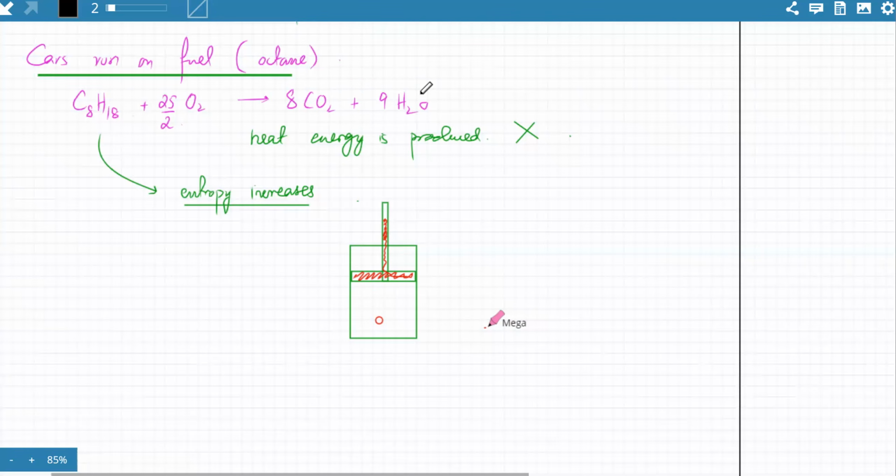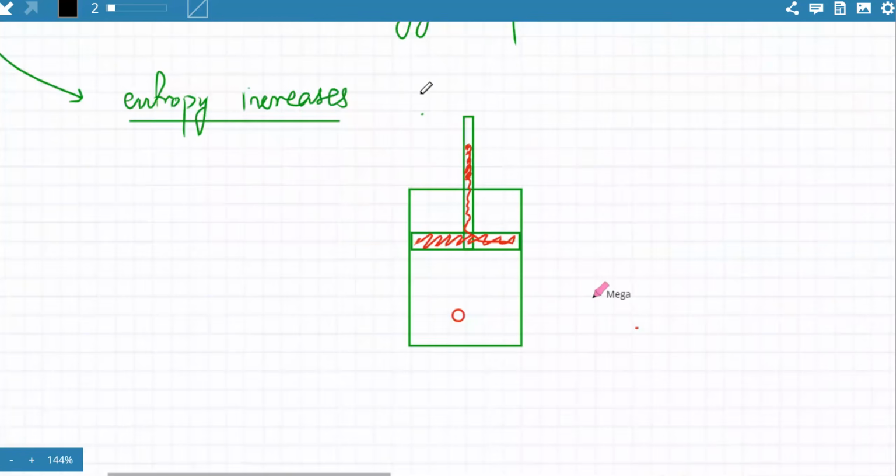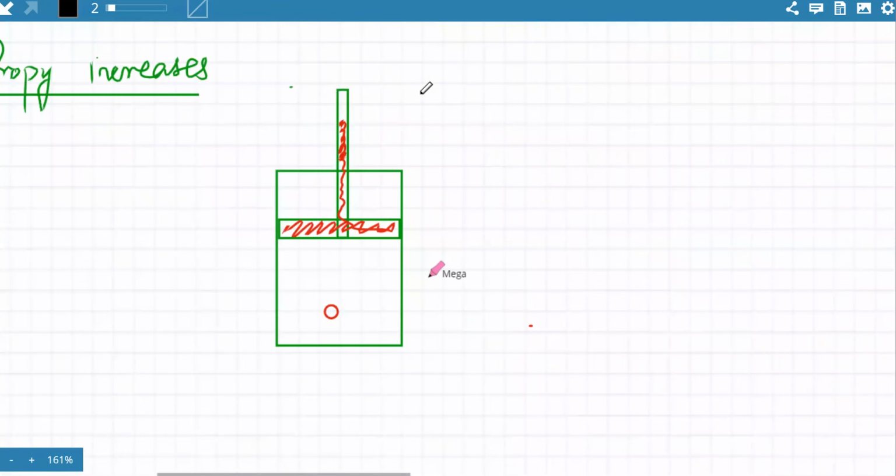Octane is liquid, petrol is liquid. So when you burn it, that octane molecule turns into 8 carbon dioxide molecules, which are gaseous, and 9 water molecules.